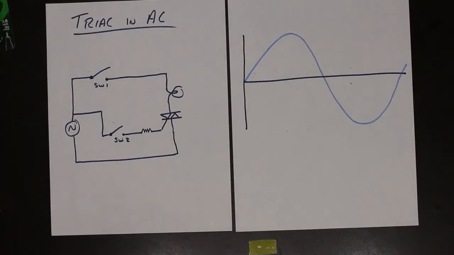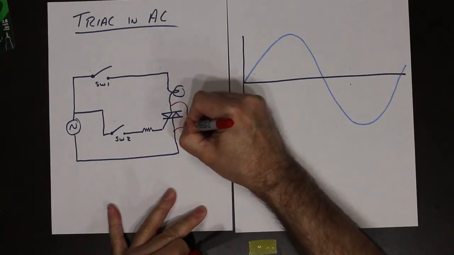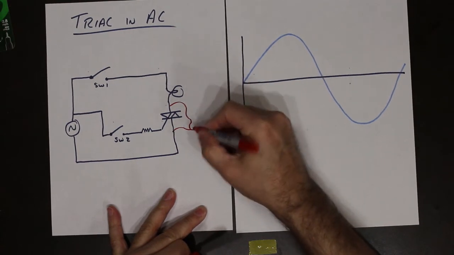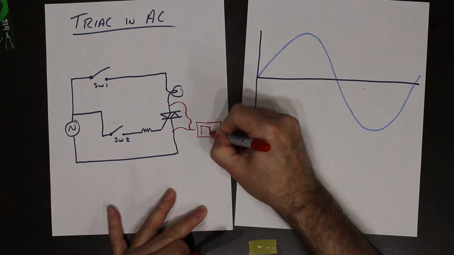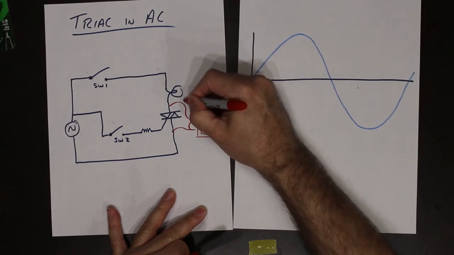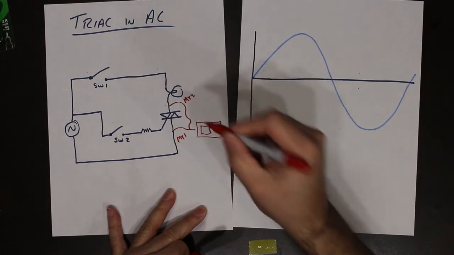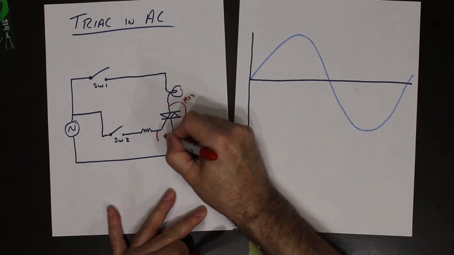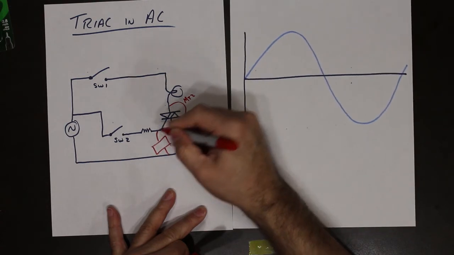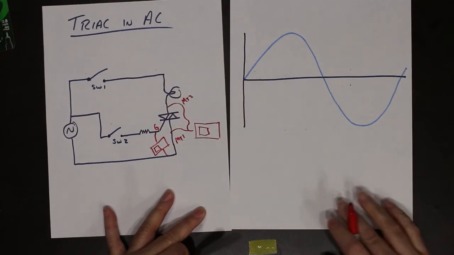Now let's take a look at the triac in the AC environment. Again, what we would do is monitor with a scope from main terminal 2 to main terminal 1, and same thing here on the gate.